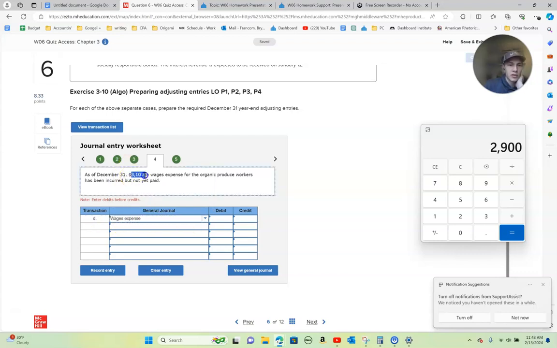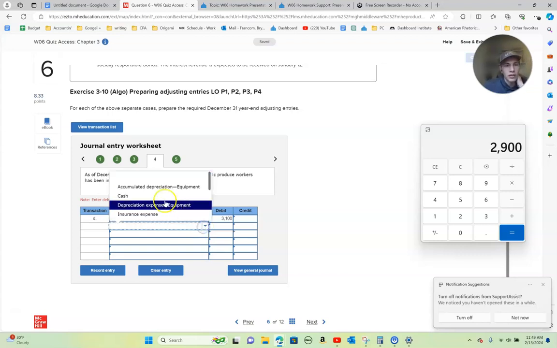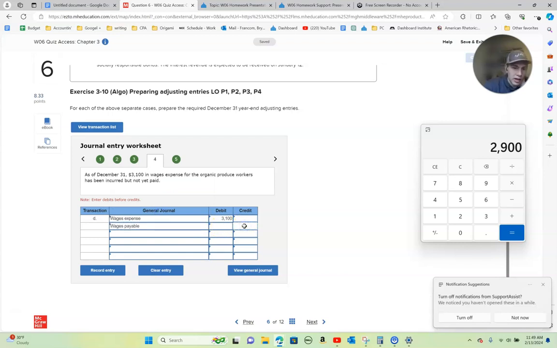They incurred an expense of $3,100 for wages. Expenses are over here, so let's put that in. And then they have not yet paid it, so that's going to be wages payable, right? They can pay it, and that is a liability, so we're going to credit that out. And they do match. All right, I hope that makes sense.